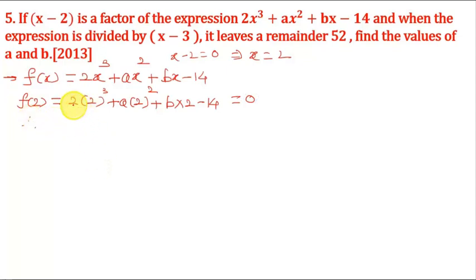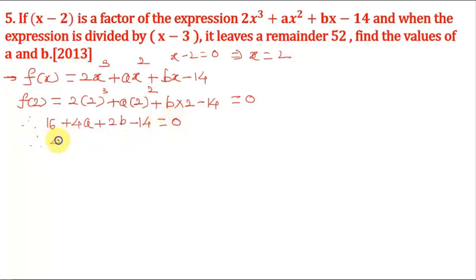Therefore, you will have 2 into 2 cube, which is 8, 8 into 2 is 16. 2 square is 4, so you will have 4a plus 2b minus 14 is equal to 0.